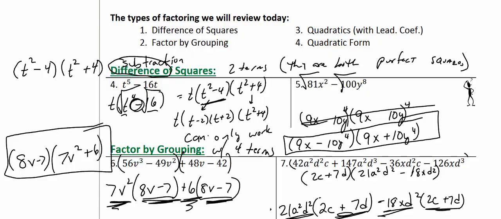I could, if I really wanted to, take at least a 3d squared out of this one and put that out front. I'm not worried about that right now, but that is good enough. It looks like 3, 6, 3, 7. Yeah, that looks pretty good. So that would be my answer there on number 7.